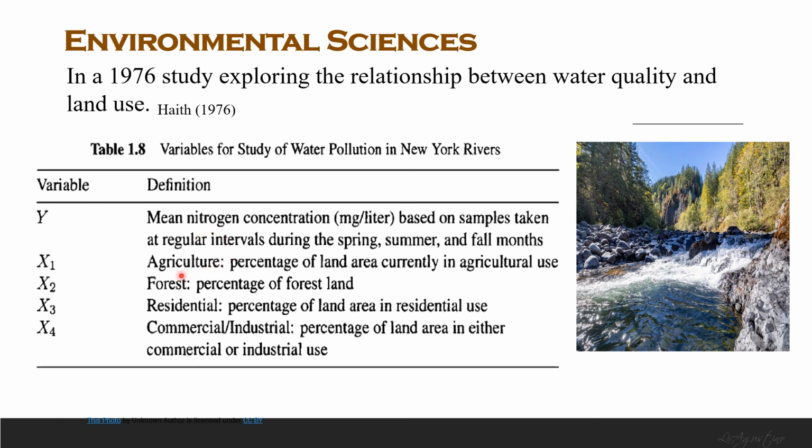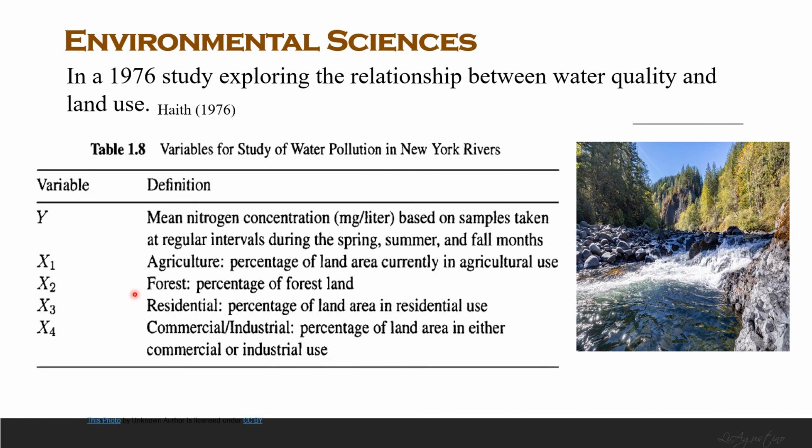Then we have the predictors, the X variables: agriculture, the percentage of land area currently in agricultural use; forest, and if there's a lesser percentage of forest land, does it affect our rivers; residential, the percentage of land area in residential use; and commercial industrial, the percentage of land area in either commercial or industrial use.